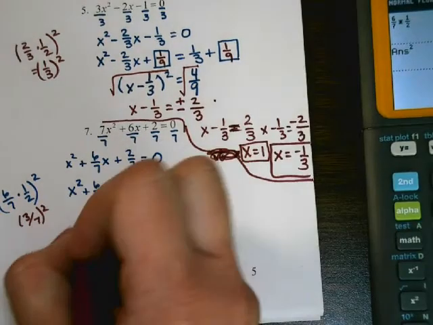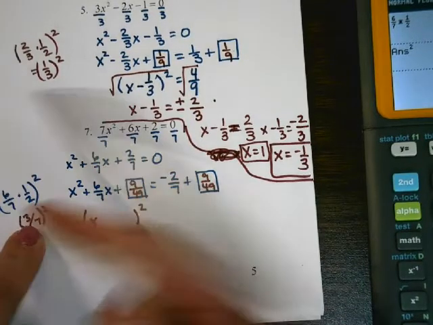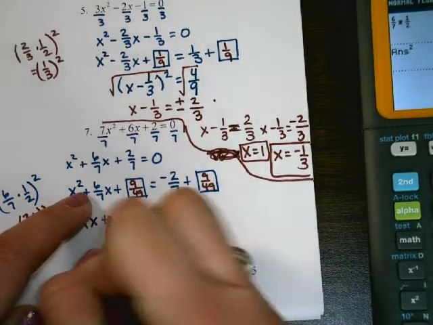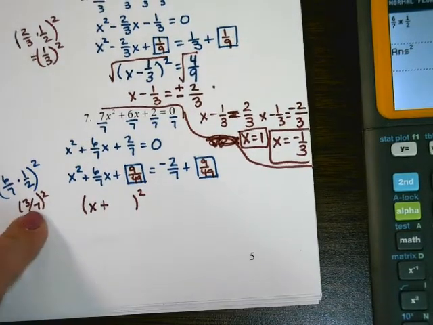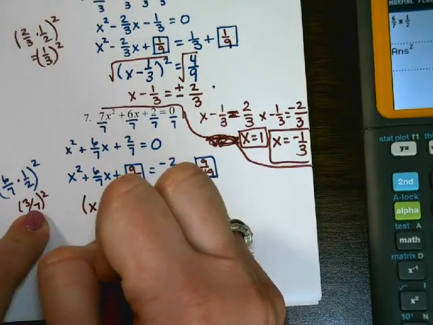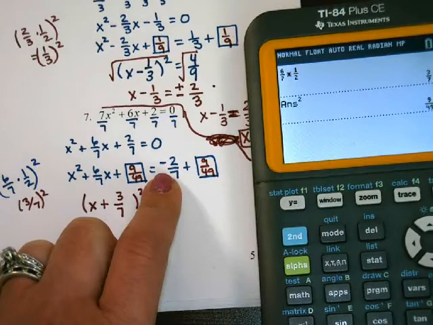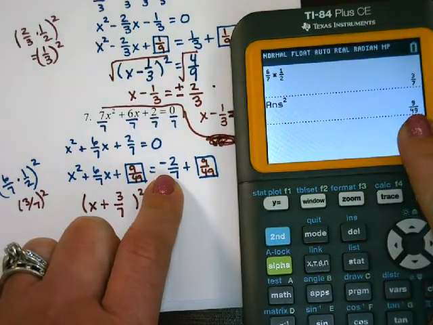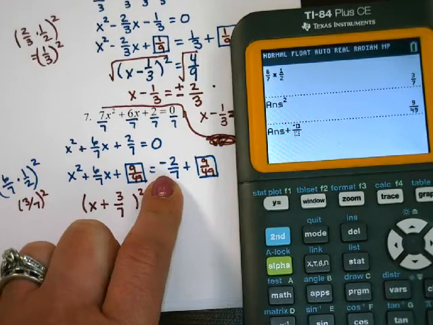Okay. I'm forcing him to factor as a perfect square. So I got an x. He's a plus sign. Plus and a plus is a plus and a plus. Pre-squaring would be 3/7. So x plus 3/7 squared is equal to 9/49 plus a negative 2/7.